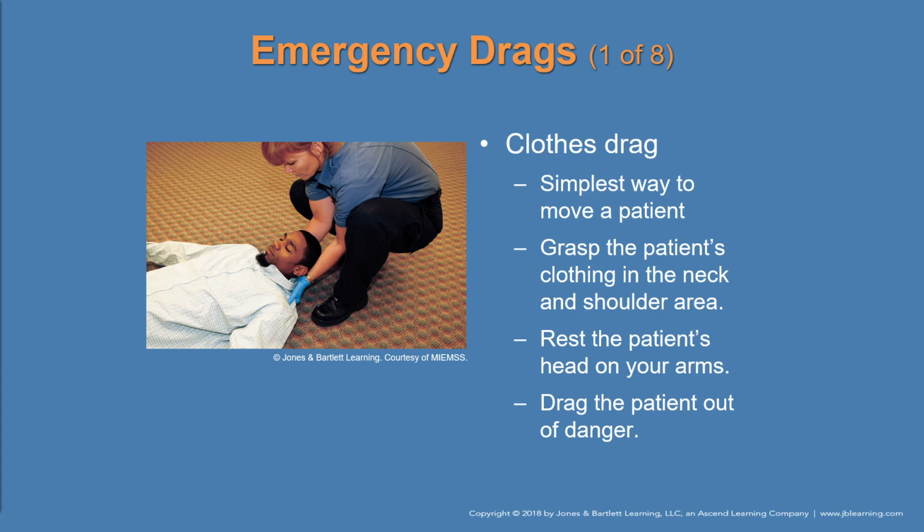So the easiest way to do this, or I shouldn't say the easiest, but the most common way that I've seen this done is the clothes drag, where you're going to just grab a piece of clothing, usually either the tops of the shoulders or the fabric underneath the armpits on each side of their body, and then try to get them up as much as you can using a good lifting technique, and then walk backwards in order to drag them along the ground, right?